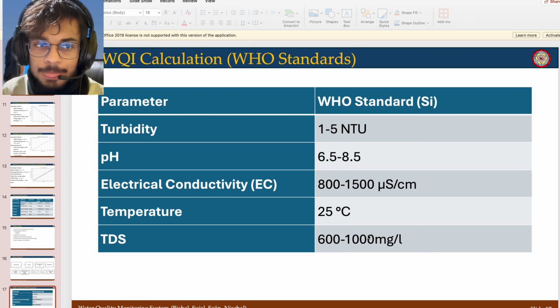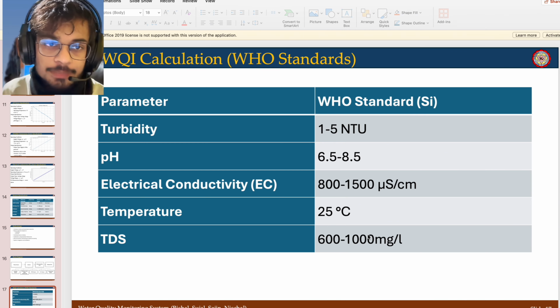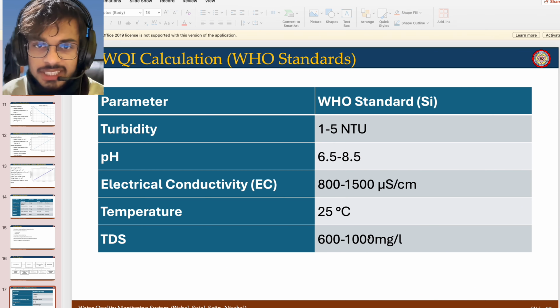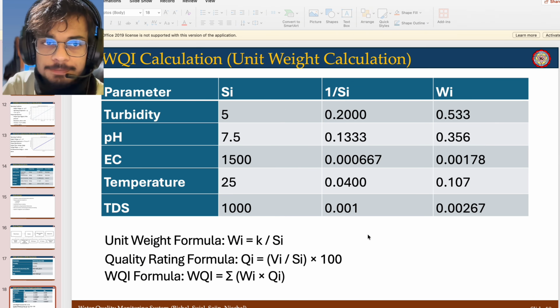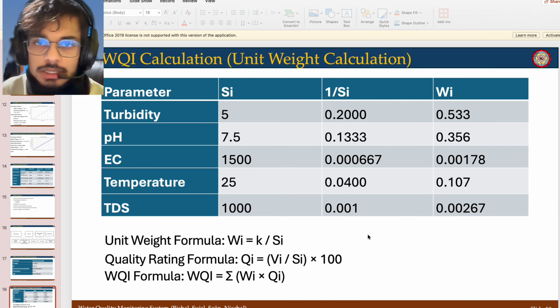This is the WHO standard SI for the drinking water quality. So turbidity, this is the range. This is the WHO standard. We have this SI reciprocated, and then WI is calculated by the formula K by SI. K is the summation of 1 by SI.